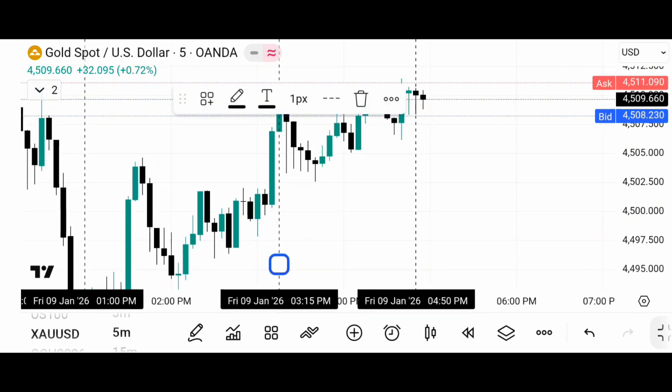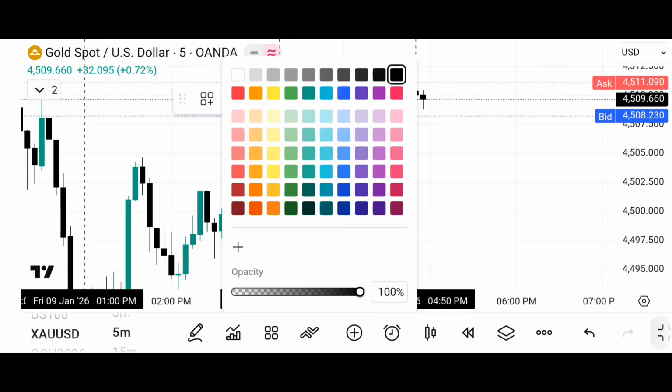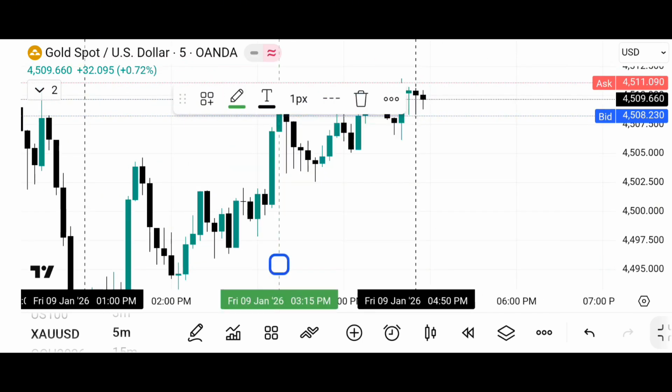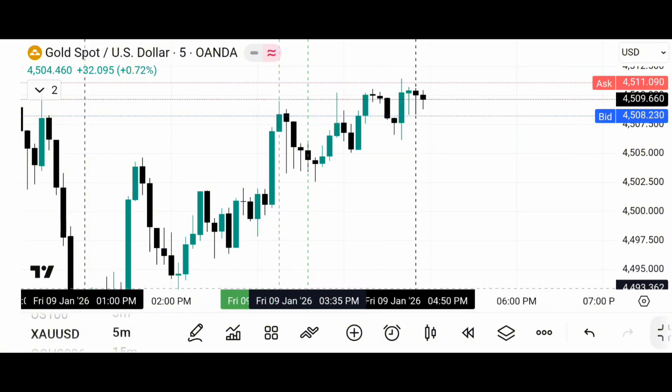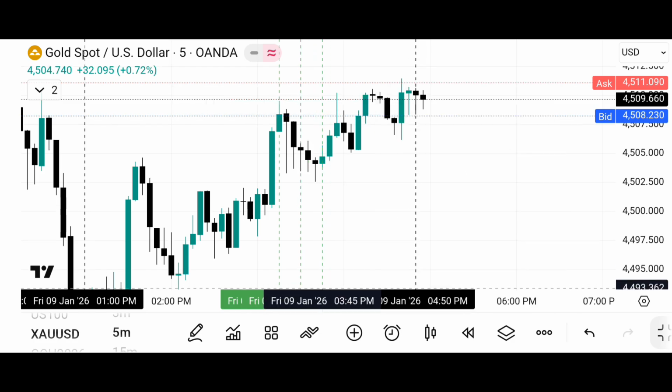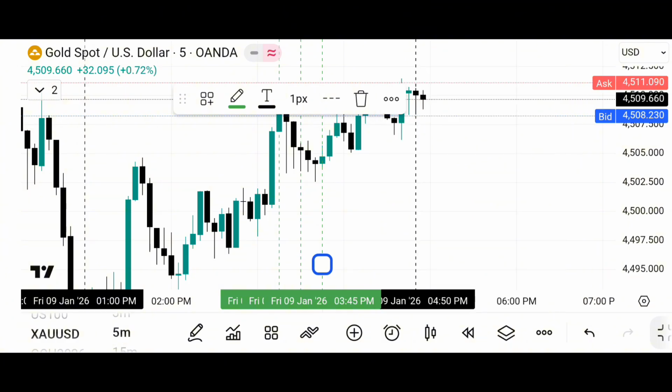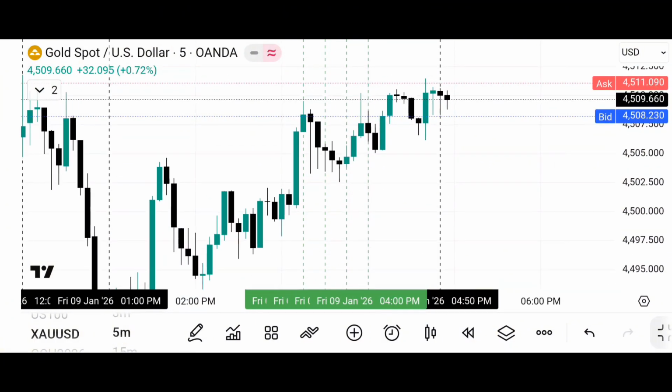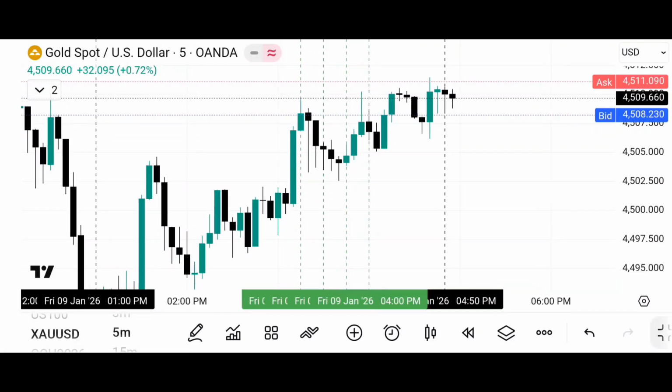Let me give it a different color, green. Price is bullish. 3:30, right? 3:45 and 4 o'clock. So these are your New York PMs.